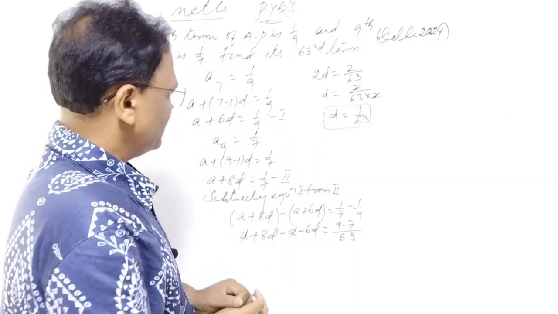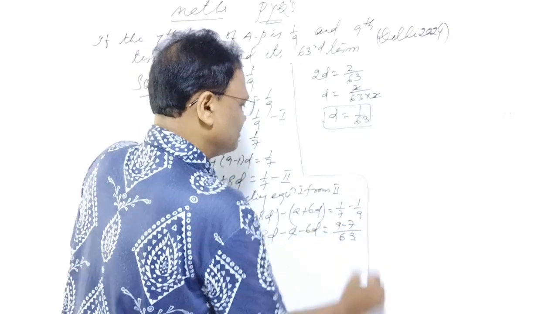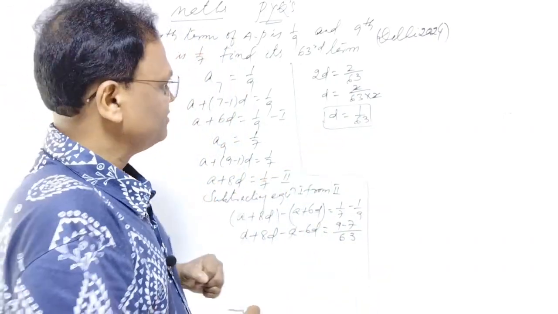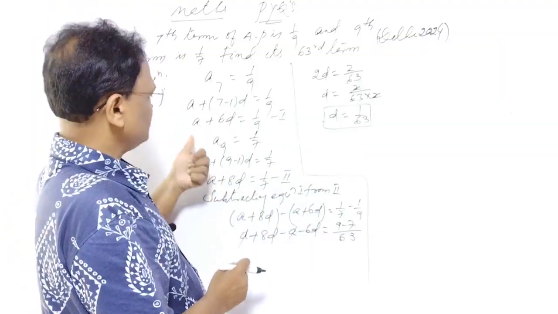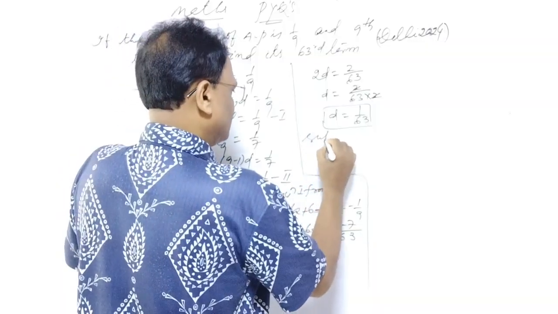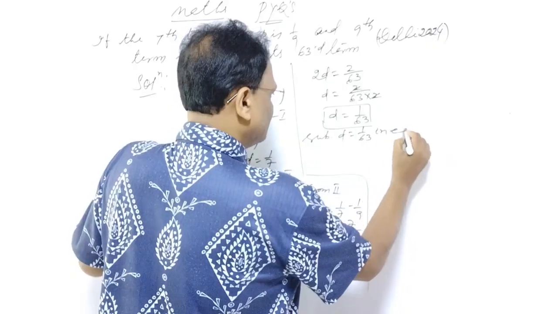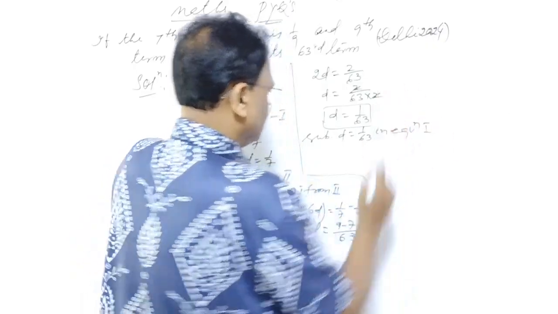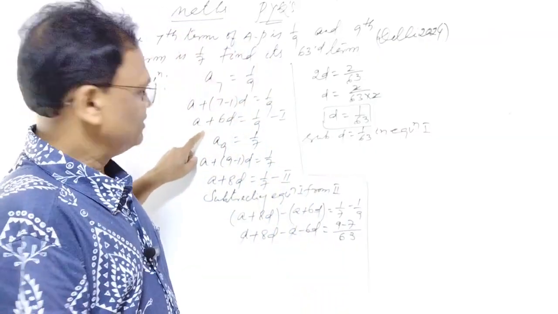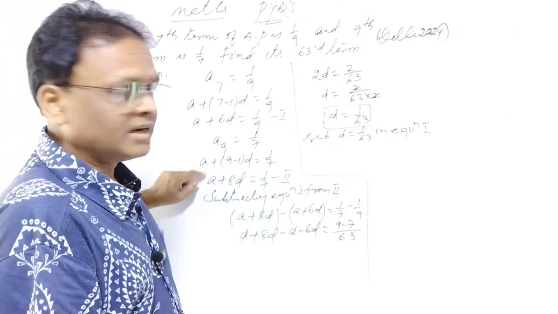After getting the value of D, we can find A. The first term is anyhow required, because for finding any term I need the first term. I got the common difference D. Substitute this value of D either in equation 1 or in equation 2; anywhere you can substitute, you will get the same answer.